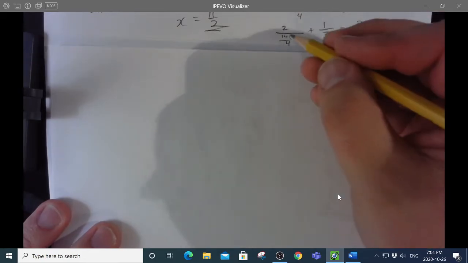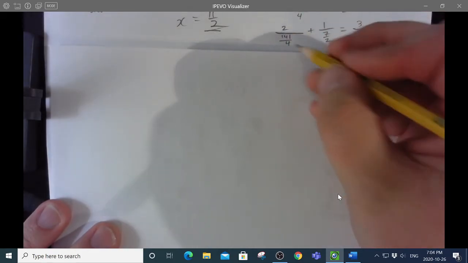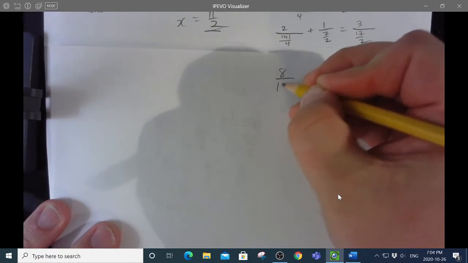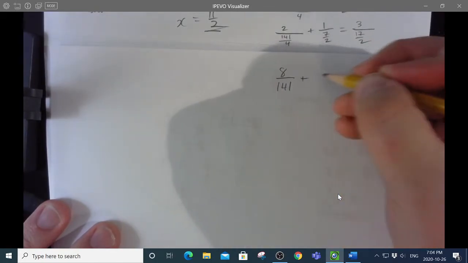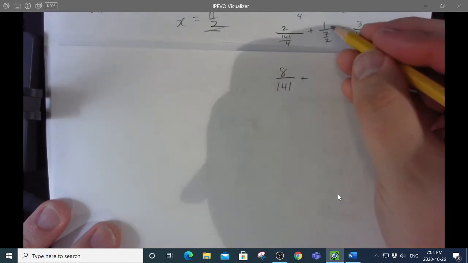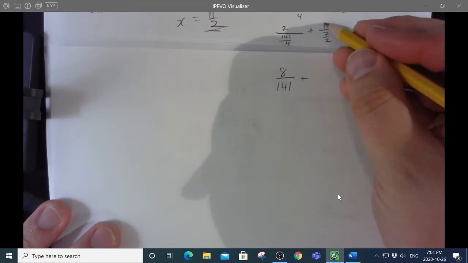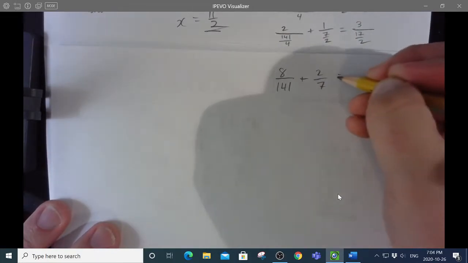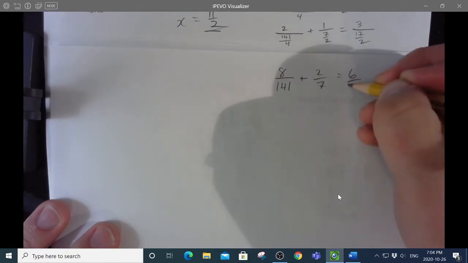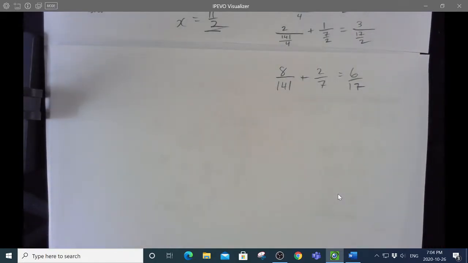All right, so you divide fractions by multiplying by the reciprocals. That's going to be 8 over 141 plus 2 over 7 equals 6 over 17. Oh my goodness. Do those two things actually make the same fraction?